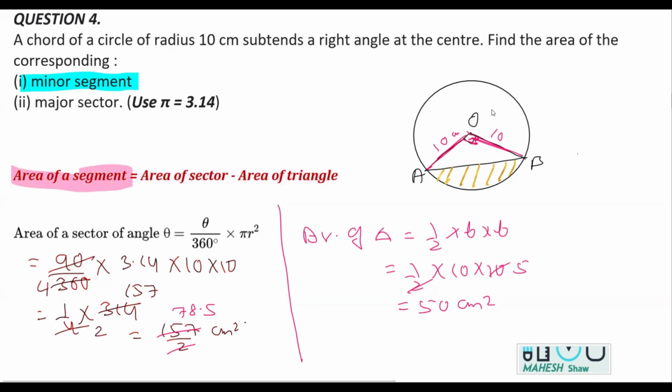So if I replace this over here, the required area will be 78.5 minus 50. That should give you 28.5 centimeters square.